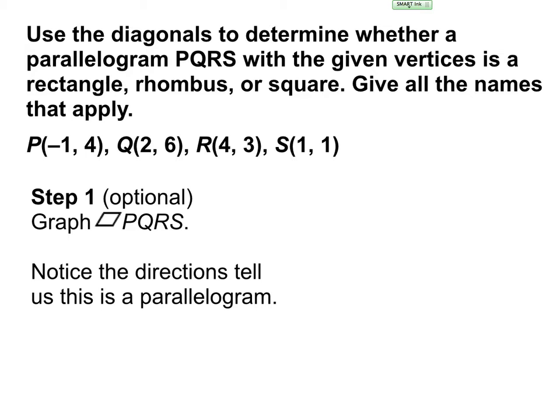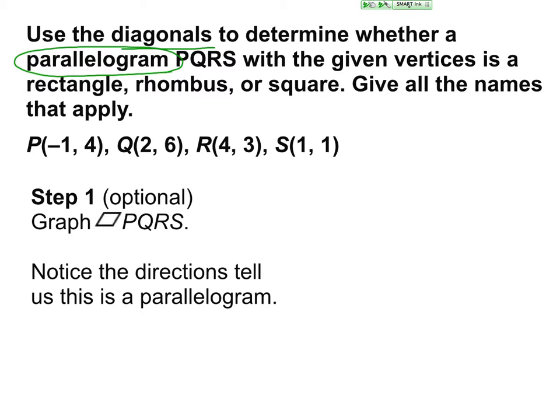Look at the directions here. Use the diagonals to determine whether the parallelogram with these vertices is a rectangle, rhombus, or square. So they've already told you it's a parallelogram, so you don't have to worry about the 6.3 page. But what are you going to calculate on the diagonals?